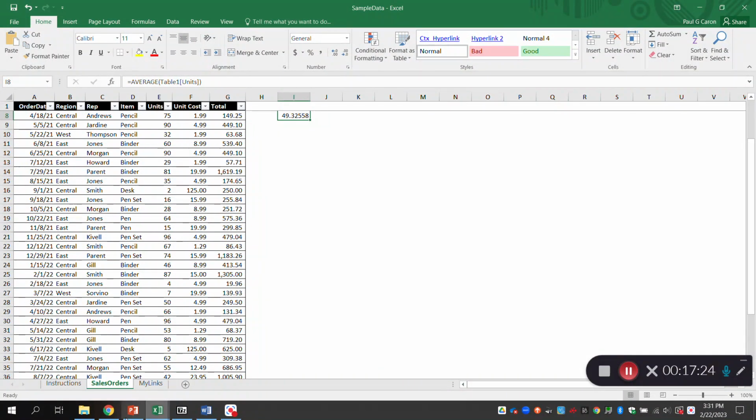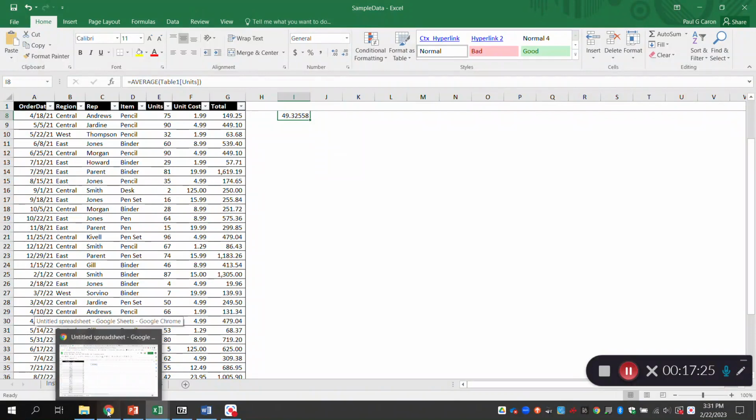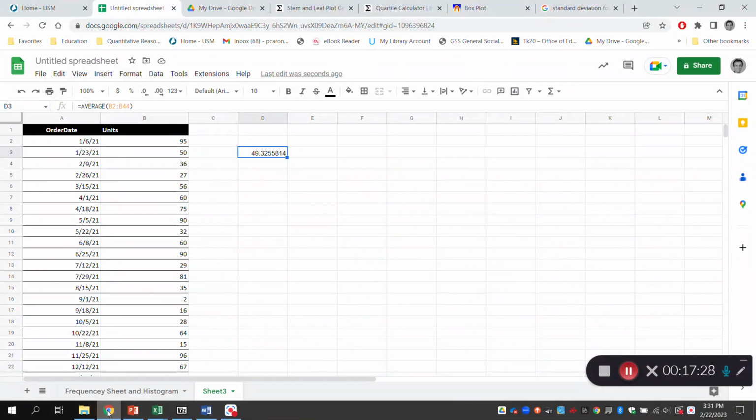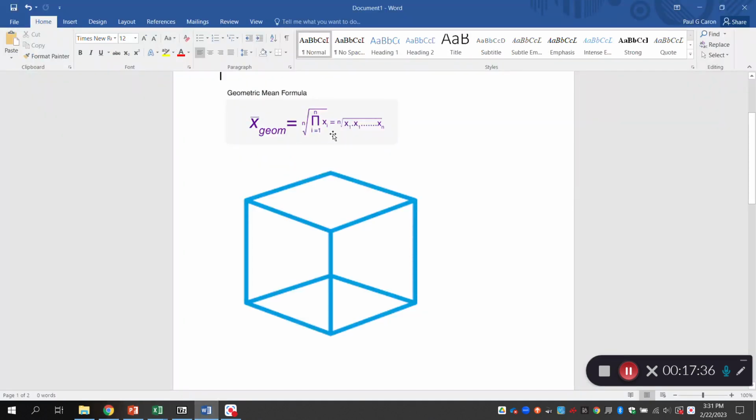So that's arithmetic average. Now, in statistics, depending on what area your study is, especially economics, there's something called geometric mean. Geometric mean is taking all of the numbers and multiplying them together, and then you take the nth root.